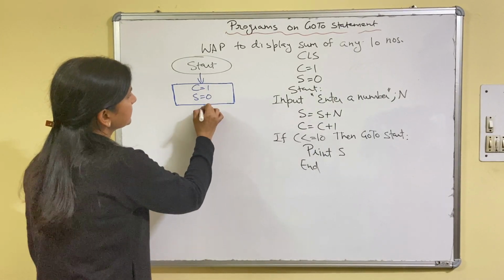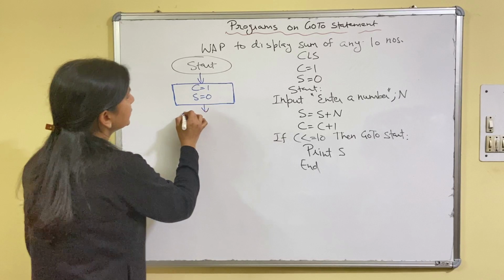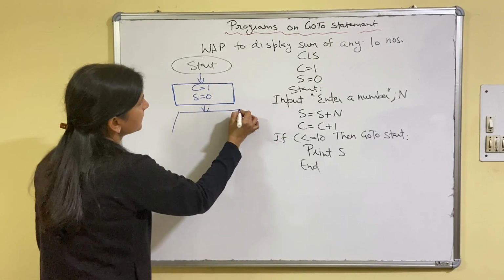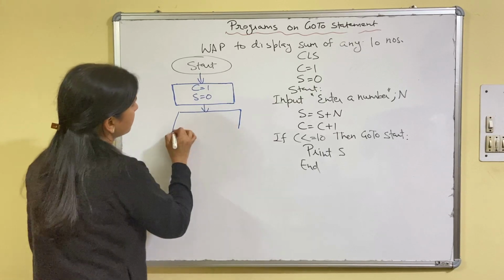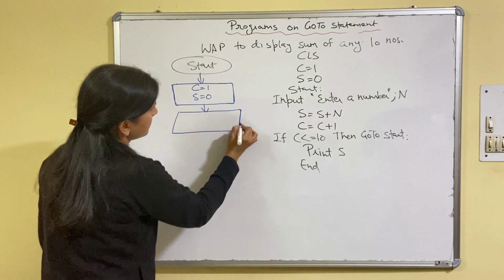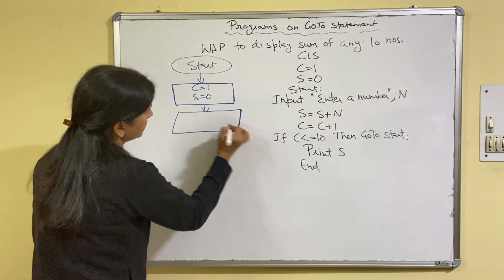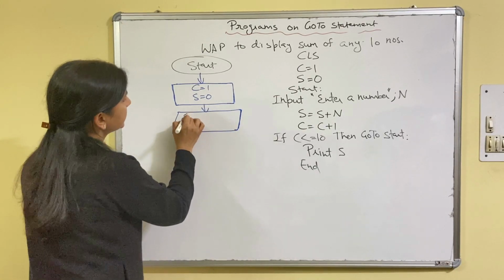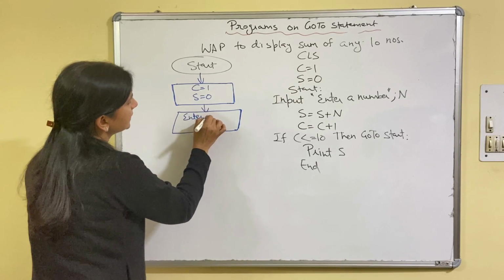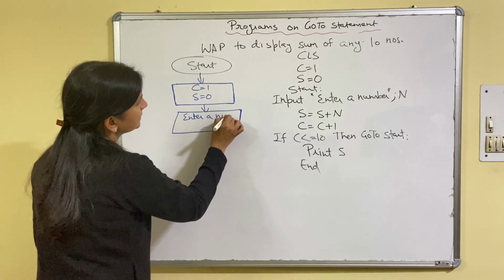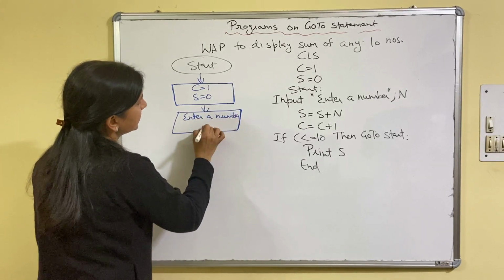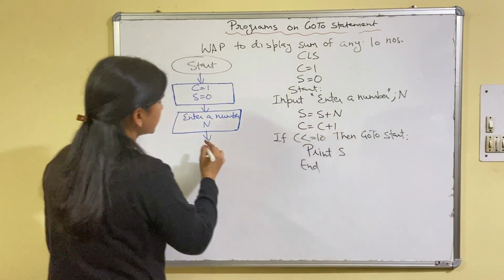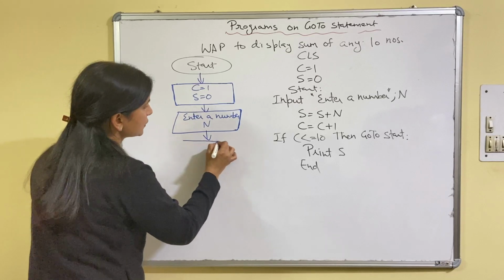And then for input, we will use the input box, parallelogram. Here we will write enter a number, n. Fine. Then again for calculation, S equals to S plus n and C equals to C plus 1.